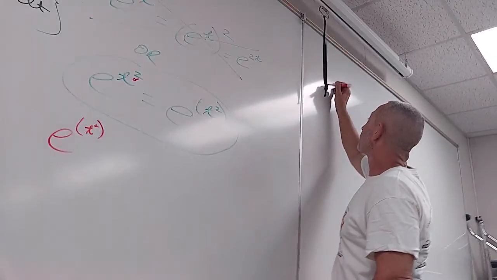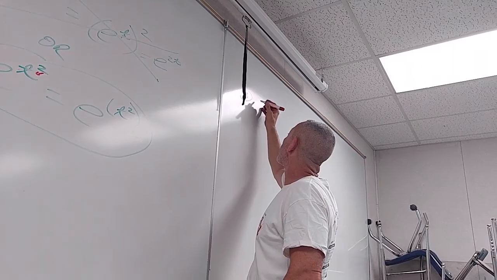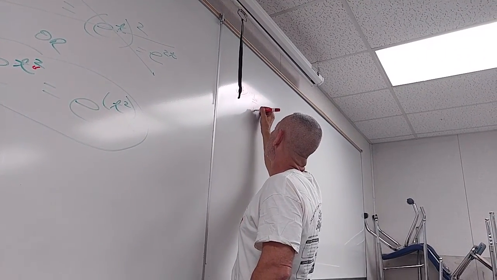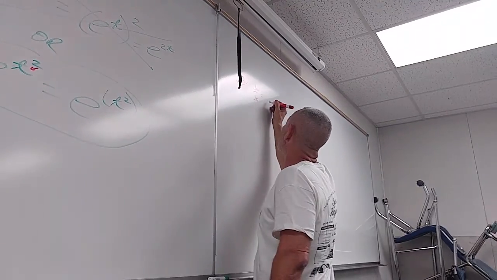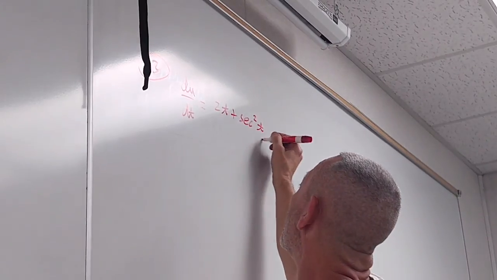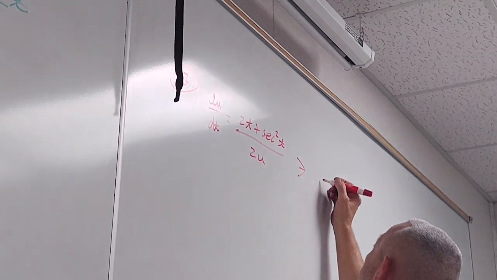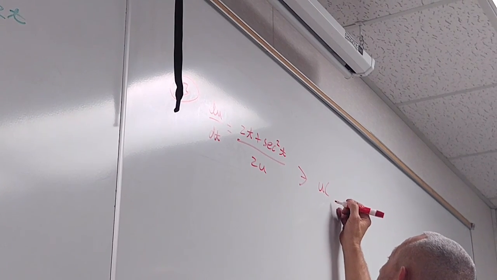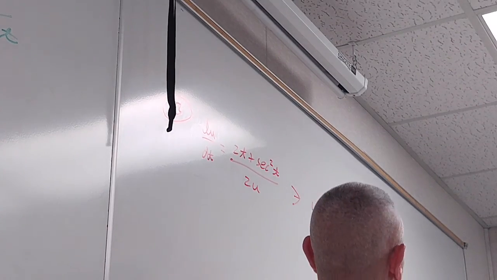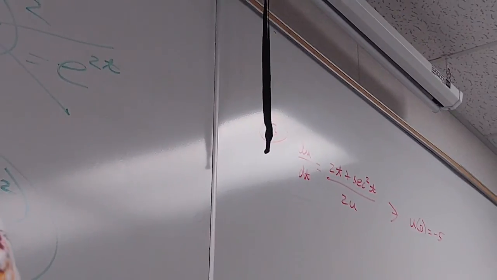Somebody read it to me. du over dt equals 2t plus secant squared t all over 2u, such that u of 0 equals something. No arbitrary constant on this one, huh?